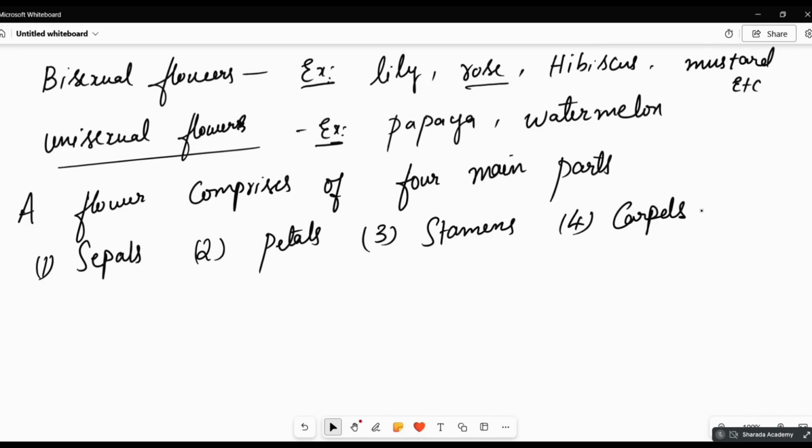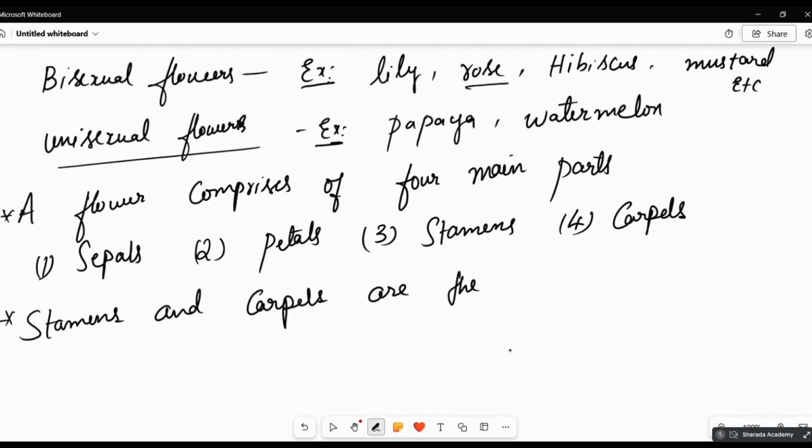Write down stamens and carpels. They are the reproductive parts of the plant.